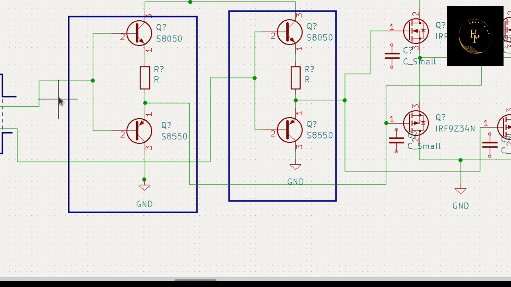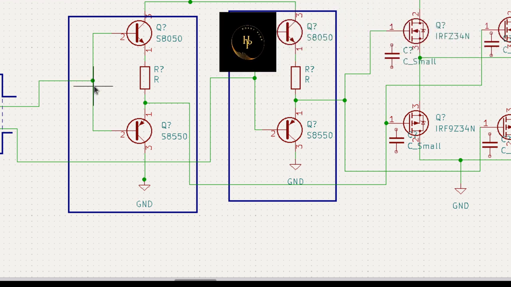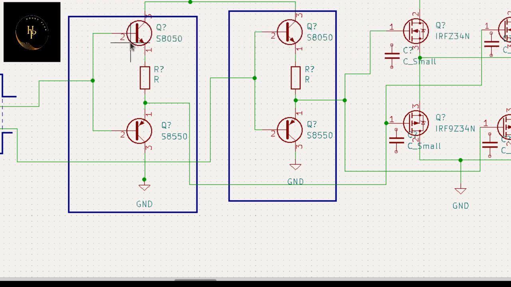When it is off, that means you get 0 volt here, that means it is in off condition, and also this MOSFET, this transistor is in off condition, that is a 0 level. That is your first stage, I think.